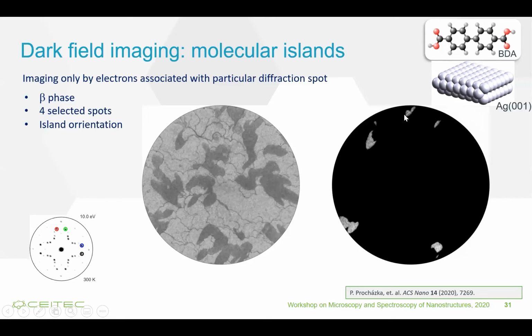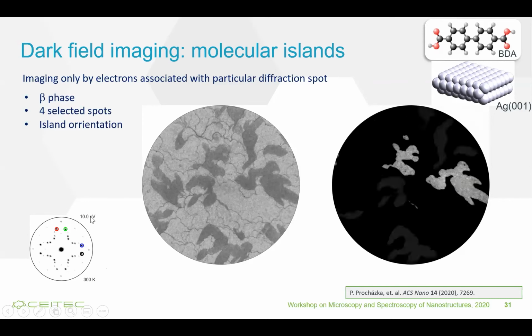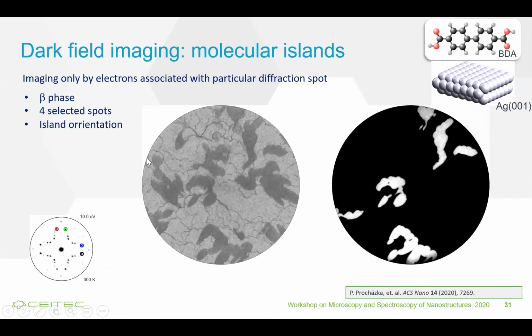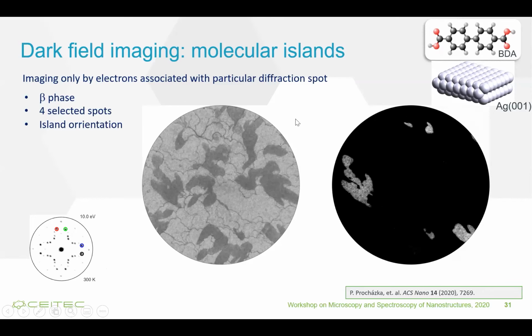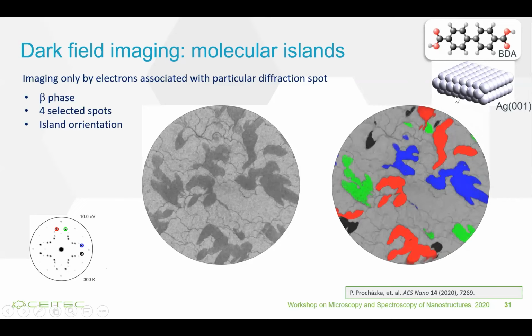So we see only several islands which appear bright. We take the blue one, we see those 2 islands. The red one, there are more orientations, and for the green one, those. So again, we can color code and put it finally into the composite image, and we can really distinguish in the islands what the orientation of the molecules is.